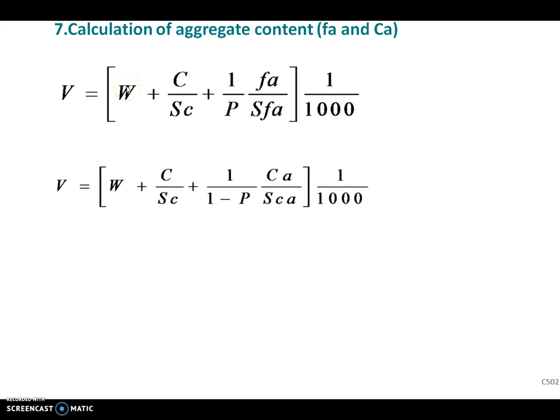W is the water content, C is the cement content, SC is the specific gravity of cement, P is the ratio of fine aggregate to total aggregate by absolute volume, FA is the fine aggregate, SFA is the specific gravity of fine aggregate. Same way here, CA is the coarse aggregate, SCA is the specific gravity of coarse aggregate.